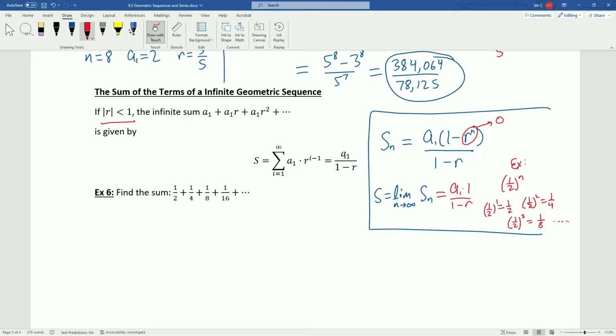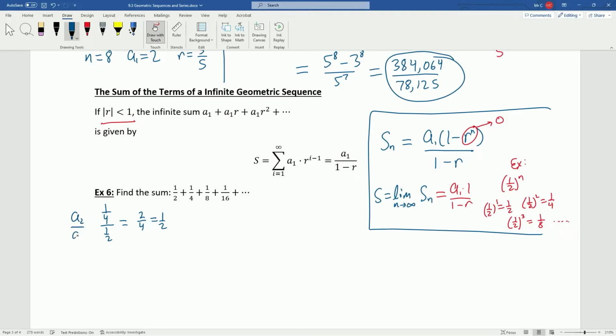Okay, so now we're given this example: 1/2 plus 1/4 plus 1/8 plus 1/16. The first thing to figure out is, is this geometric? Well, if I take 1/4 divided by 1/2, that's 2 over 4, multiplied by the reciprocal, that's 1/2.